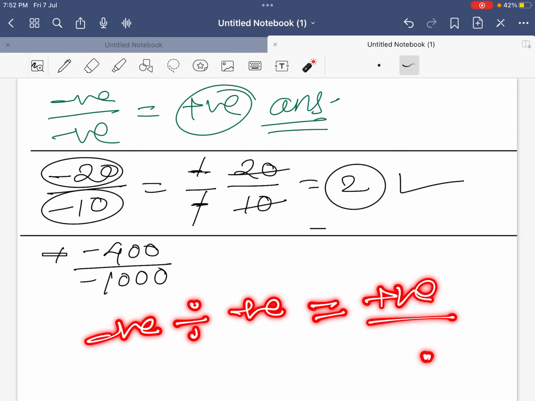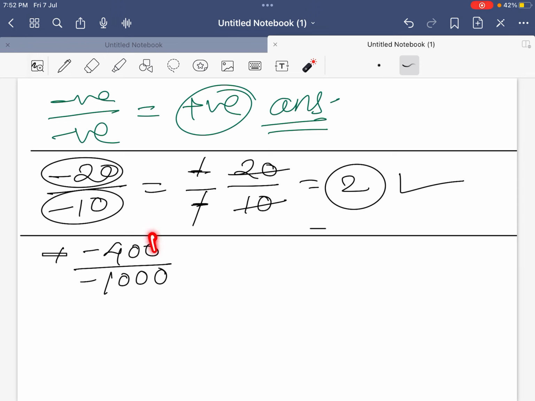Clear? So negative into negative, you will get a positive answer. So let's see how. The 0s will cancel with the 0s, and even this minus will cancel with this minus, so the remaining term is 4 upon 10.